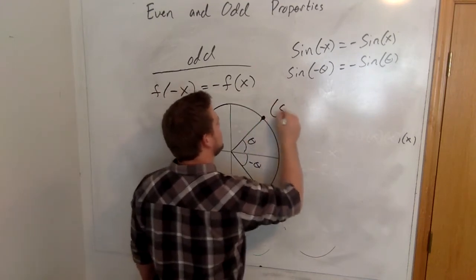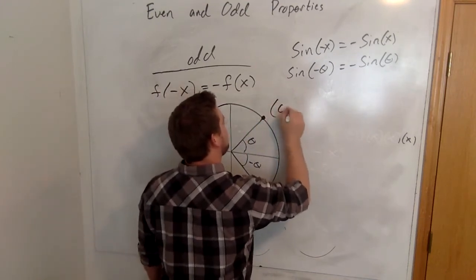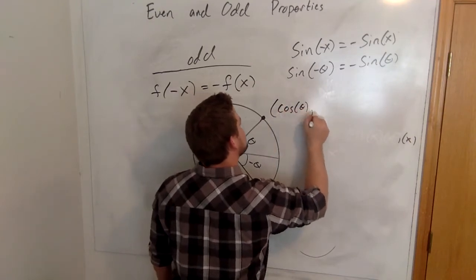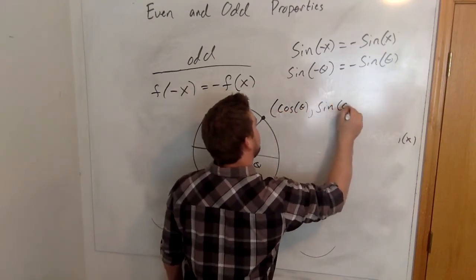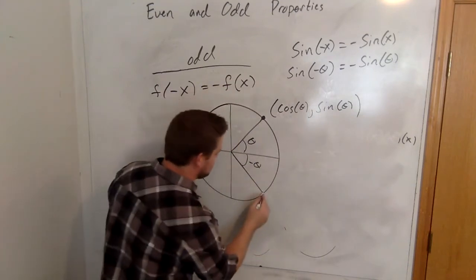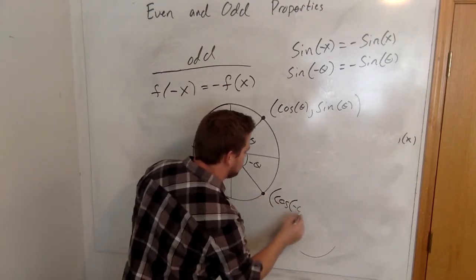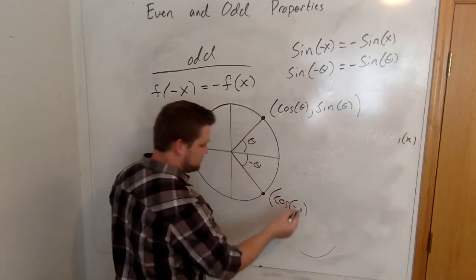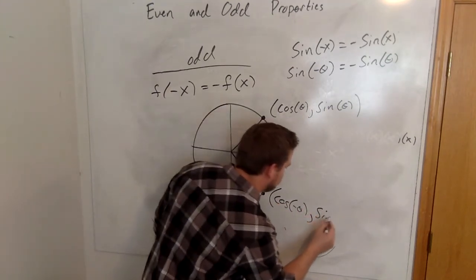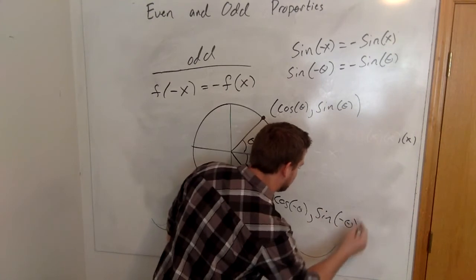The x-coordinate is cosine of theta, and the y-coordinate is sine of theta. Over here, this would be cosine of negative theta, which we know is the same thing as cosine of theta. We just learned that.